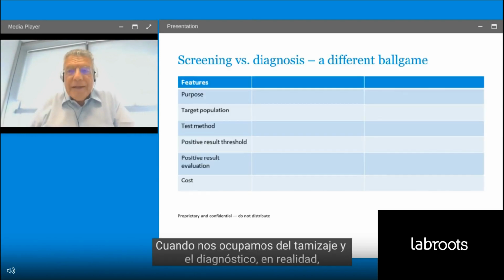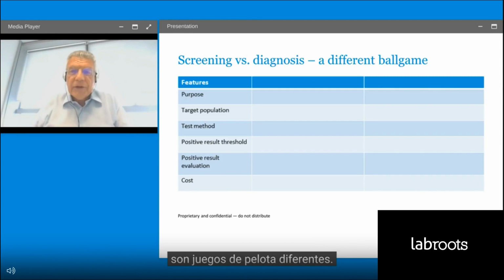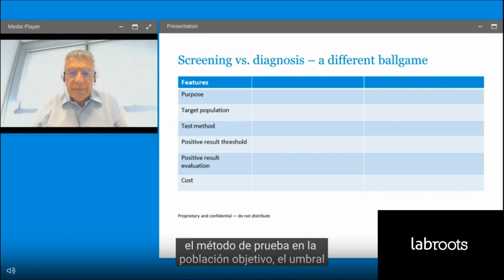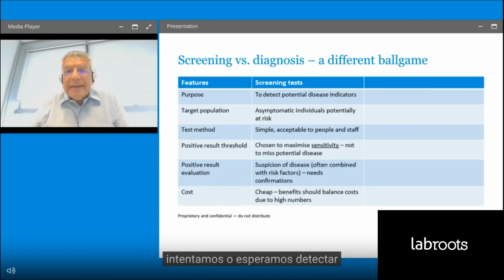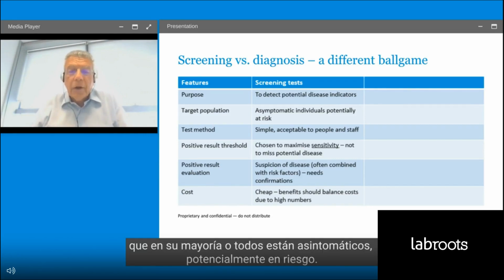When we deal with screening and diagnosis, those are a different ballgame. You see the features here: the purpose, the target population, test method, the threshold, the positive result evaluation, and the cost. When we are dealing with screening, we hope to detect potential disease indicators in individuals that are mostly or all asymptomatic, potentially at risk.